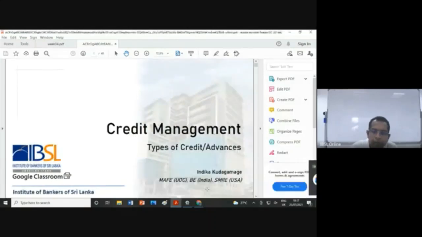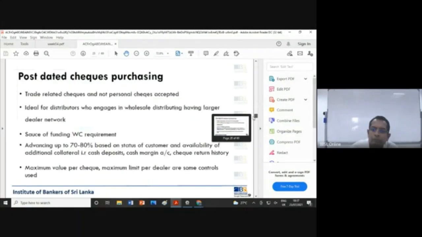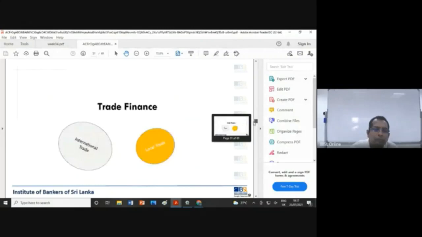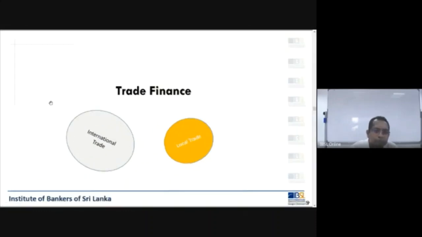This is the same handout which we used last week. We stopped here, right? Trade business can be divided into two sides, which is local trade and international trade.